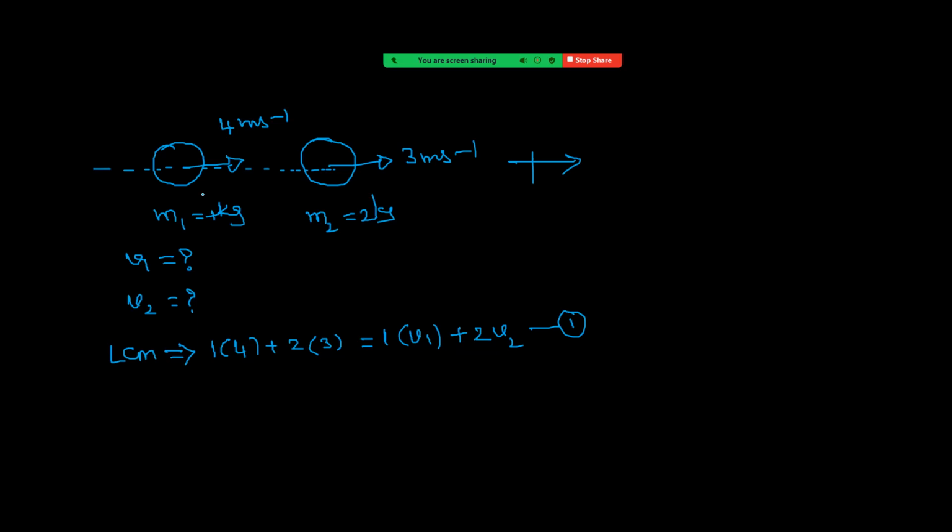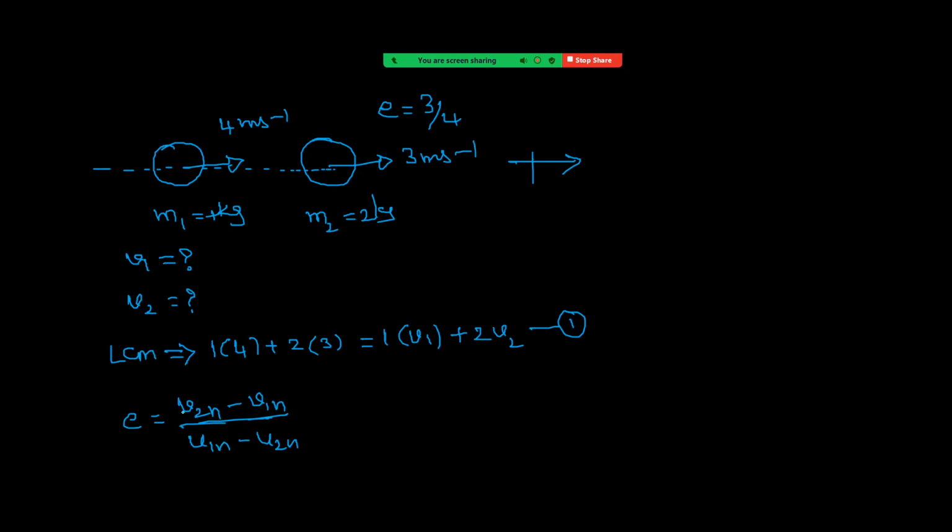Here nothing is mentioned regarding the coefficient of restitution. Let us take e value as 3 by 4. Then see what we can write. Coefficient of restitution is equal to V2n minus V1n upon U1n minus U2n. The upper one is giving the velocity of separation.